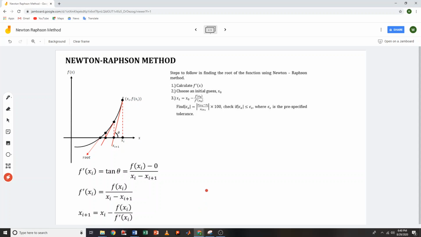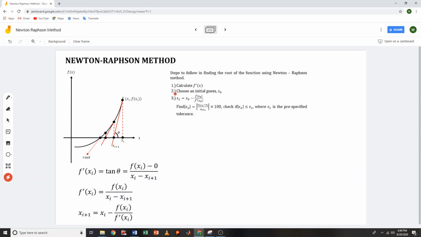So what are the steps to follow in finding the root of a function using the Newton-Raphson method? First, calculate f prime of x, meaning the derivative of the function. The next step, number 2, is to choose an initial guess x of 0.